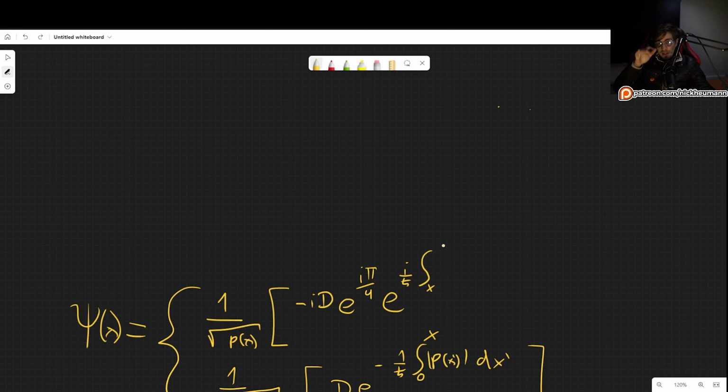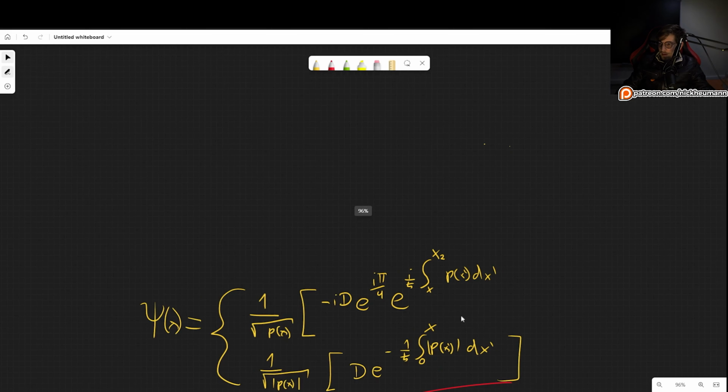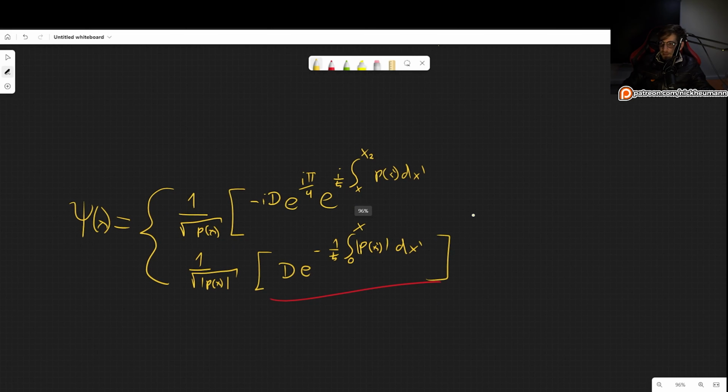As I mentioned at the beginning of the video, now we will undo this choice of axis, so just x2, right? The turning point. If it is 0, then it's the same as before, but this is more general. Okay, and then p of x prime dx prime. So I'm simply plugging it in and making this a bit more general.